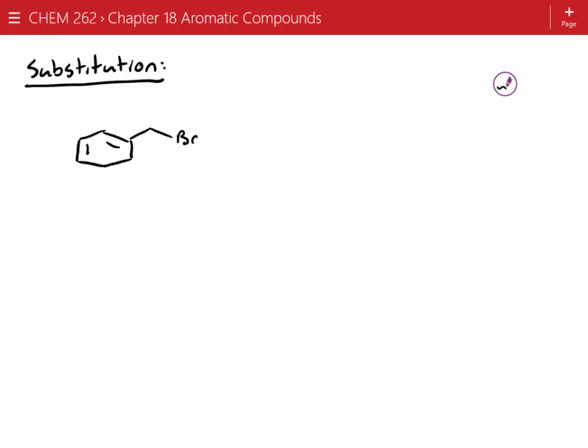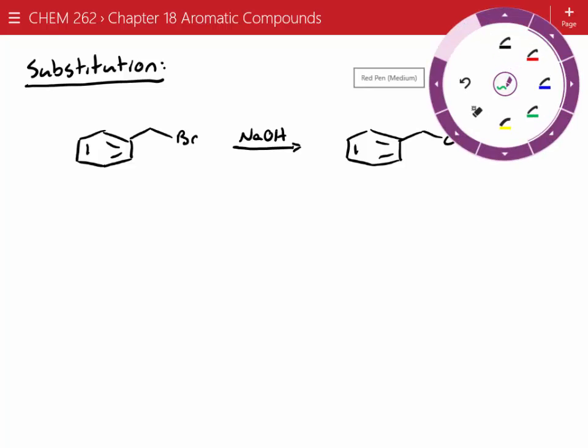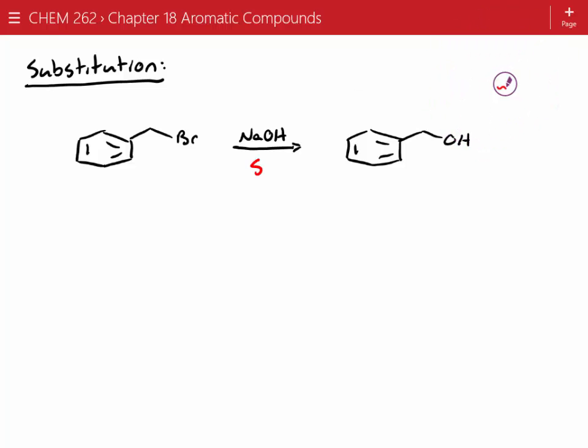So let's just say I've got bromine on there, and I want to put an alcohol on the benzylic position. What reagent do I need? Yeah, we can do sodium hydroxide. Is this SN1 or SN2? SN2. Why is it SN2 and not SN1?